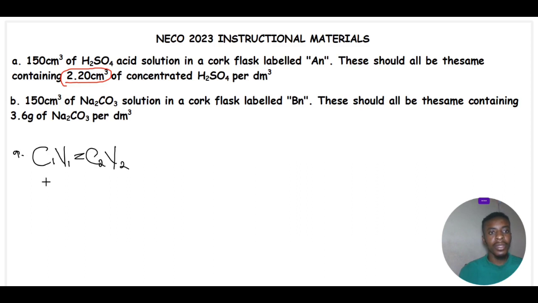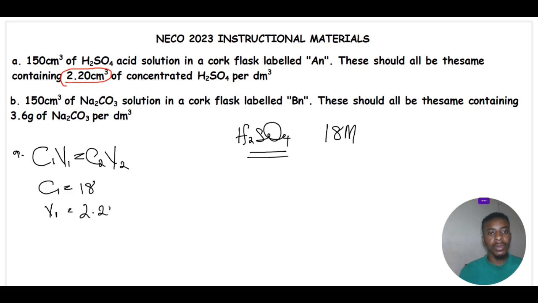Your C1 is your initial concentration, which is the concentration of your stock solution of sulfuric acid. It usually comes in 18 mole, so it's 18. Then your V1 is the initial volume, which is 2.20 cm³.